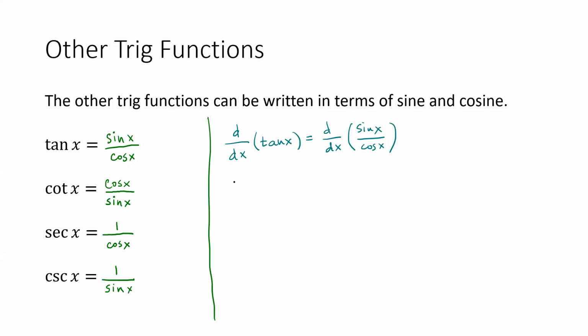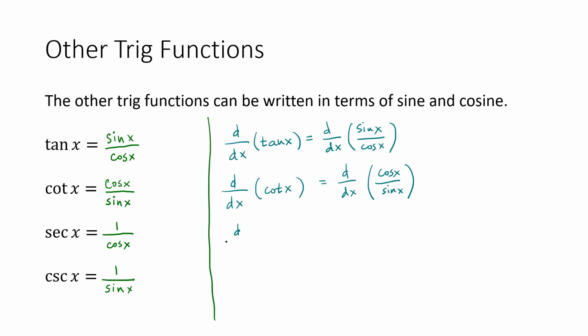Or if I want to take the derivative of cotangent, then I can do the derivative of cosine x over sine x, and here again you would have to use the product rule, or I'm sorry, the quotient rule. And same for these guys.